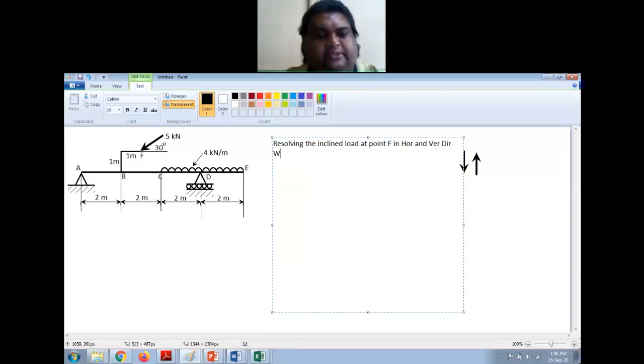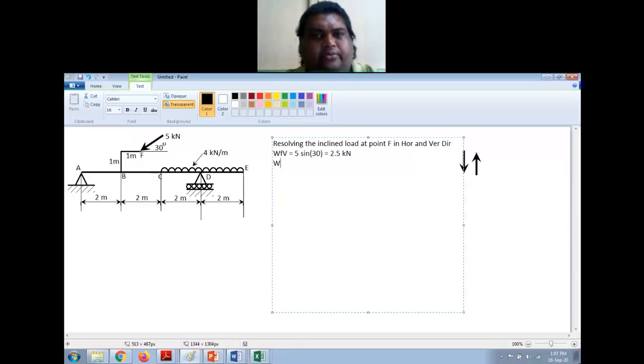I'll name this as WF V, that is the vertical direction force. So this is inclined at 30 degrees. The vertical component of this will be 5 sine 30. So sine 30 is half, so 5 sine 30 will be 2.5 kilonewton.